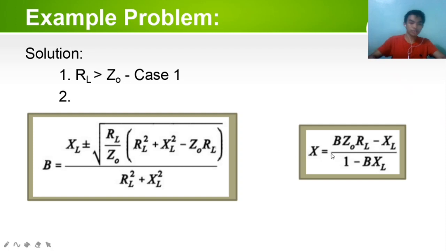For the reactance, X is equal to 1 over B plus XL times Z0 over RL minus Z0 over (B times RL).